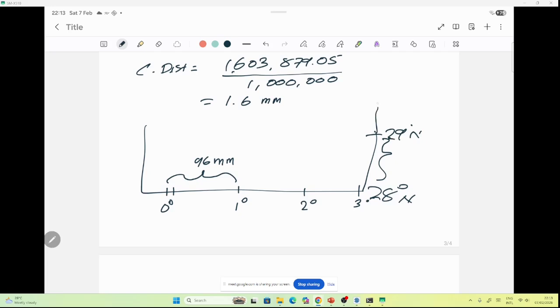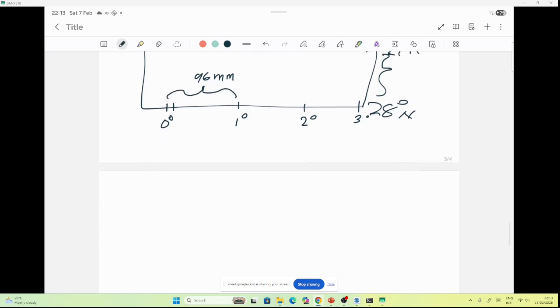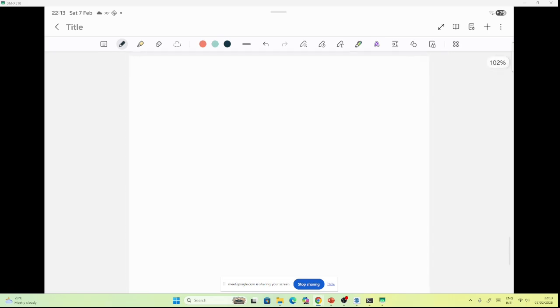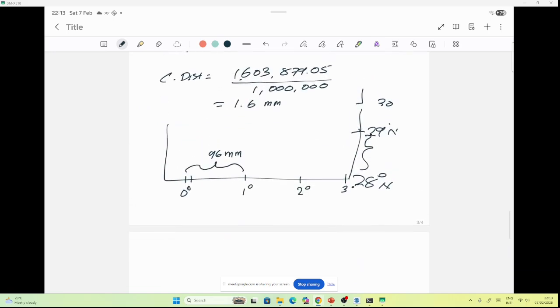Then where is 30? And where is 31? Likewise, we can go upwards. But the definition of the meridional parts, what does it say? What is the definition of meridional parts? Let me bring back the slide.